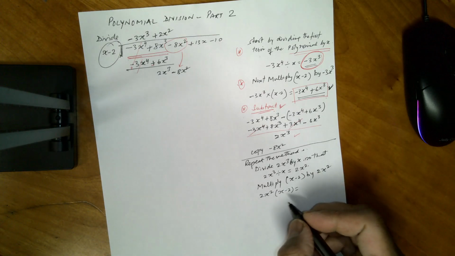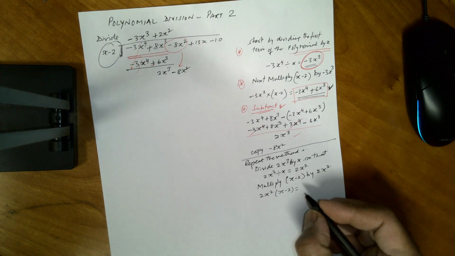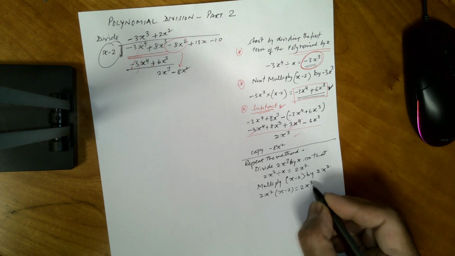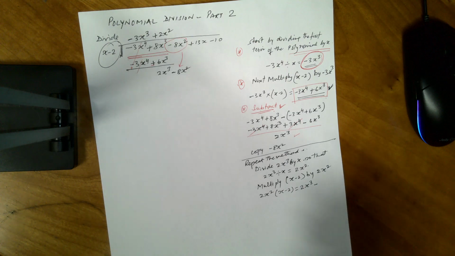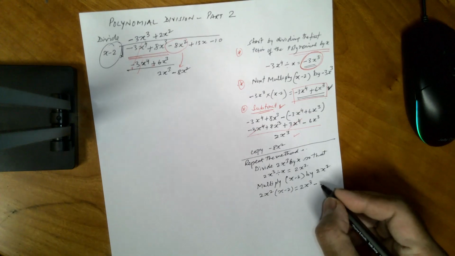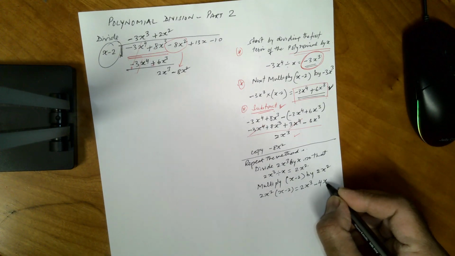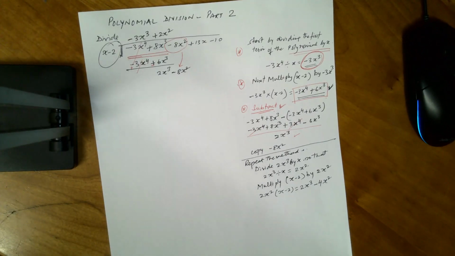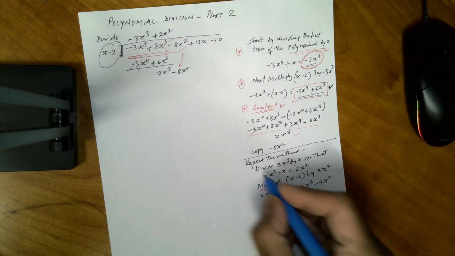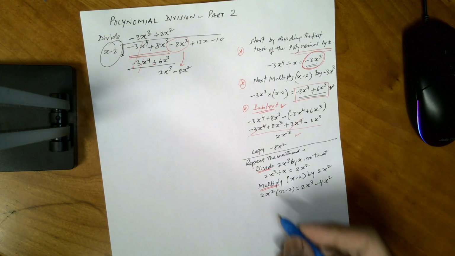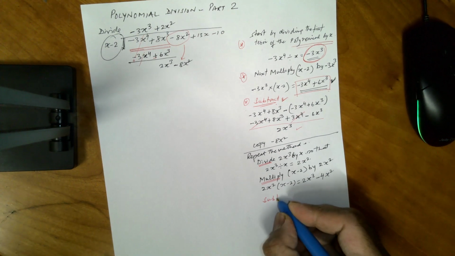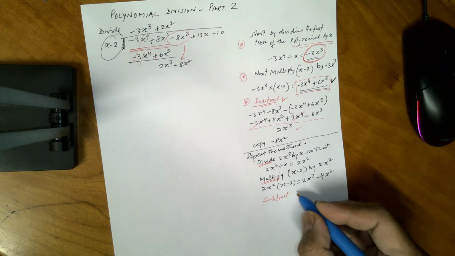So multiplying this, what you get here is 2x cube minus 4x squared. This is what you got here. After divide and multiply, the next one is subtract.